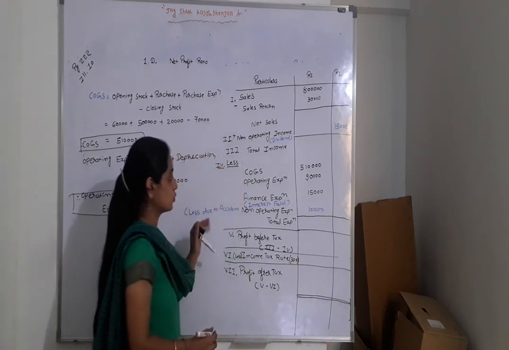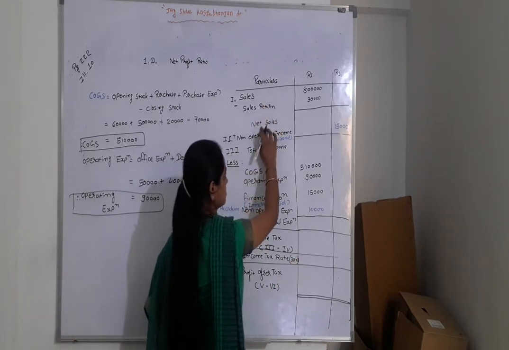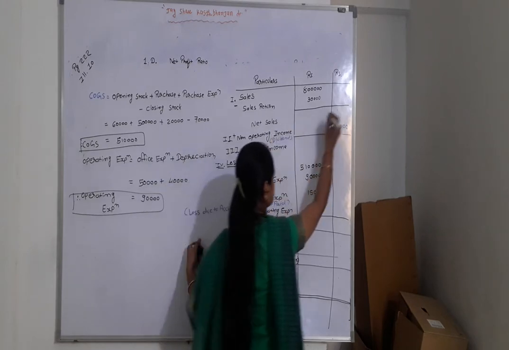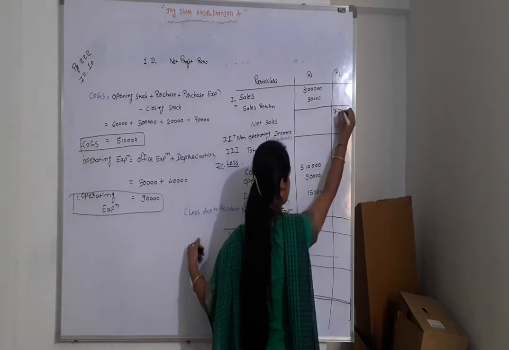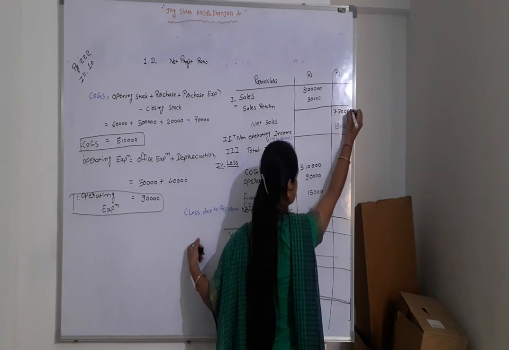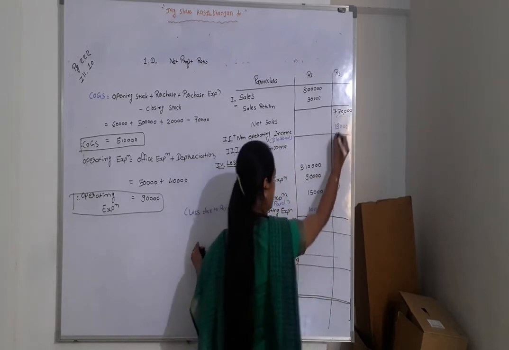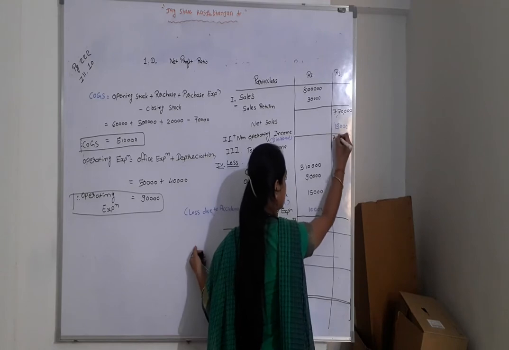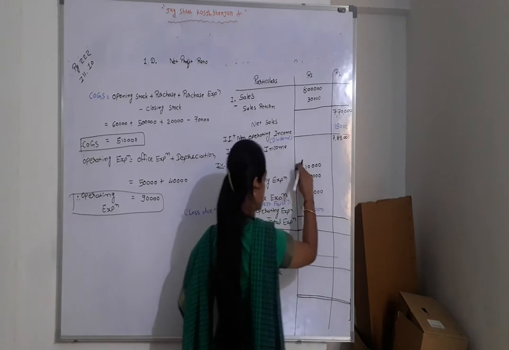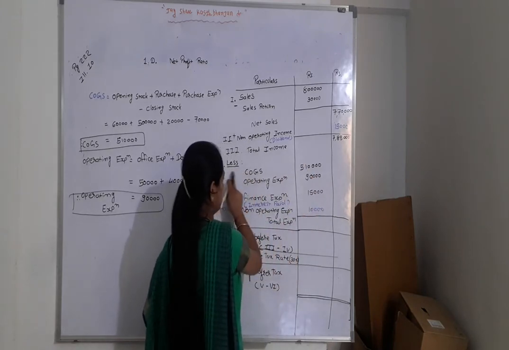Okay. So sales minus sales return will get net sales, that is 7,70,000. 7,70,000 plus 15,000, then we will get the answer 7,85,000, right?